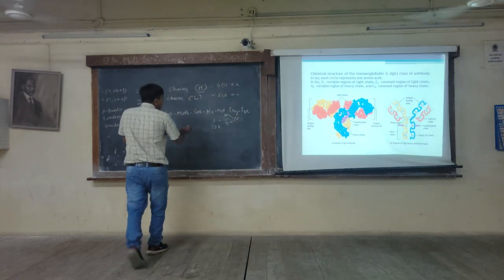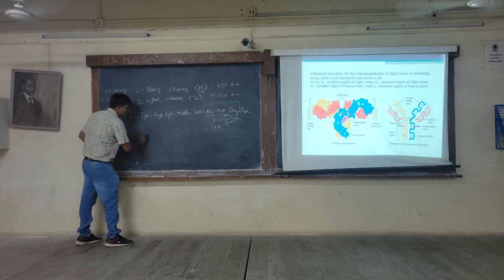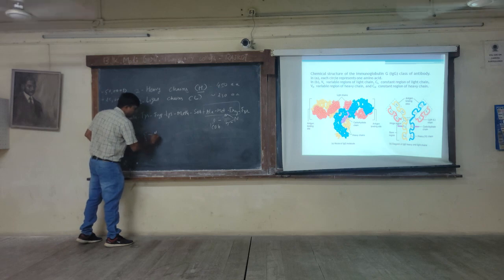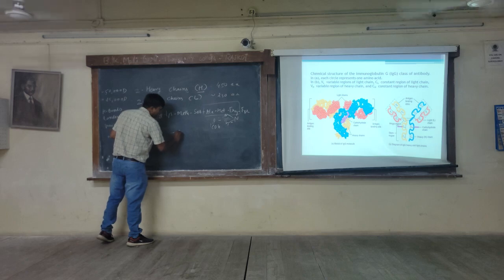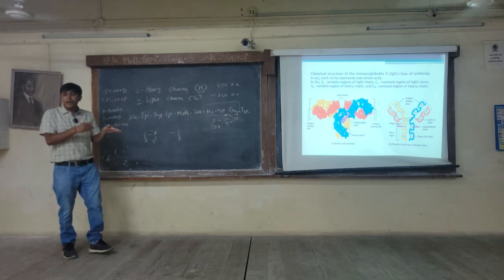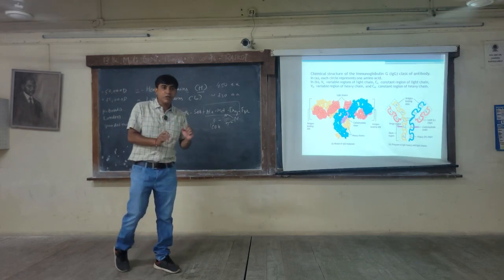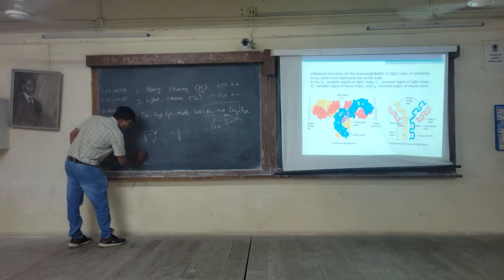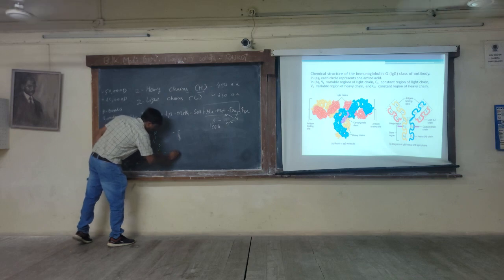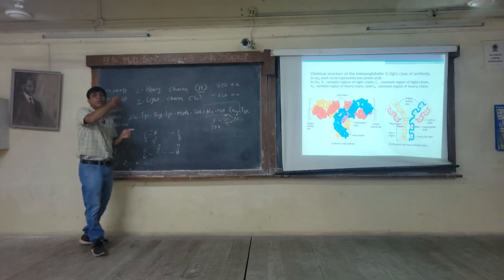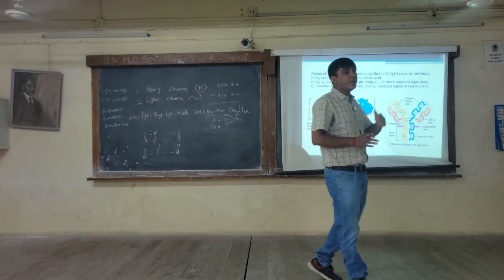Say three amino acids present on an antigen have the structure CO, then a space, then NH2, a space, and again CO. So the B cell will try to synthesize the complementary structure. Over here it will be NH, then space, then CO, then space, and then NH. So it can form multiple hydrogen bonds. So that portion is variable, that is changing.